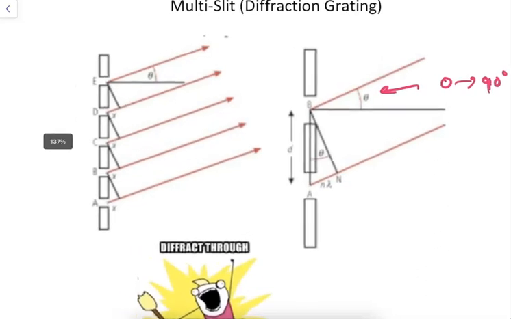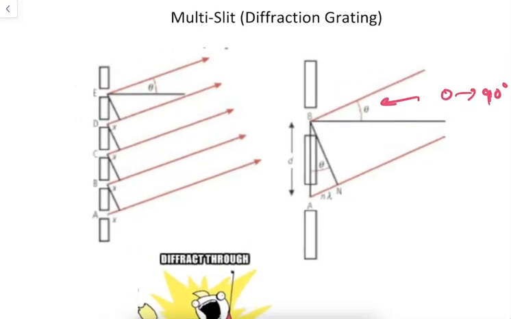Okay, the derivation of this really is the exact same thing as we did with double slit. We're just noticing that it's occurring at every single slit on what's called a diffraction grating. There are some mathematical errors going on here. We assume that these are all parallel to get the same triangle, and then since they're parallel, they're still hitting the same point, which we know is a mathematical fallacy.